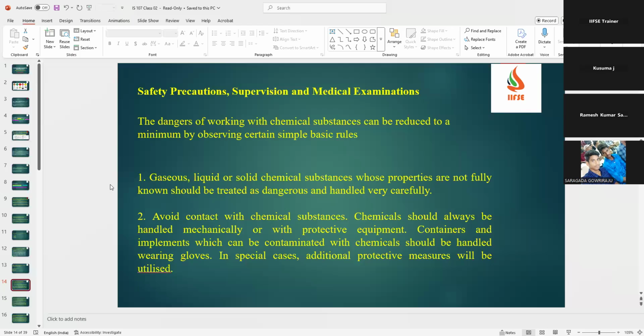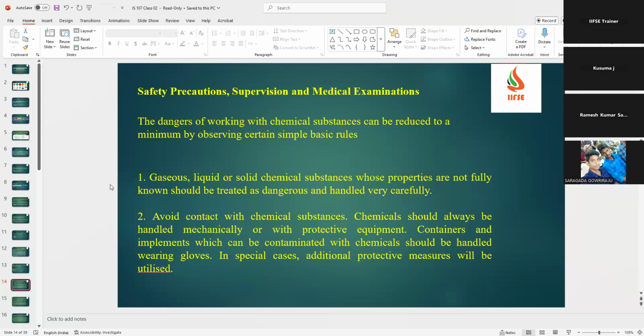Gaseous, liquid or solid chemical substances whose properties are not fully known should be treated as dangerous and handled very carefully. So if you come across any situation, whatever the chemical, whether in the form of gas, liquid or solid, if you do not know the properties of the specific material, you should treat it as hazardous.